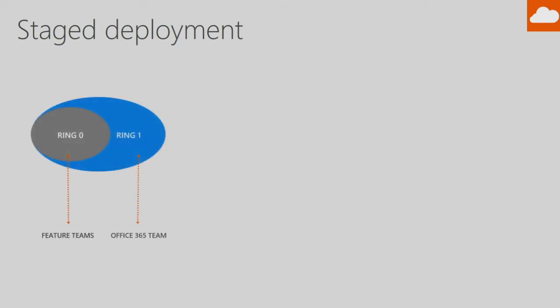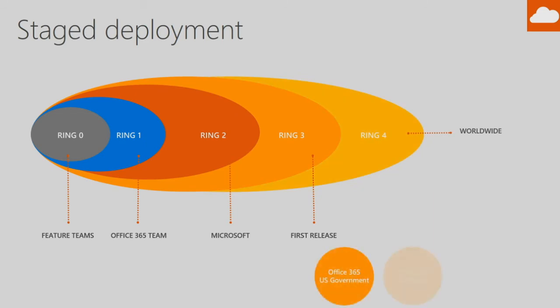Despite all the protection that we take, we ensure that our deployment is totally staged. Our deployment goes through five rings. In the first ring, it affects only the feature team, and only the feature team's test cases are run, so if there are any bugs or security vulnerabilities, it's only that team that experiences them. Next, it goes to the entire Office 365 team. The third ring is very interesting because it is the MSIT tenant.